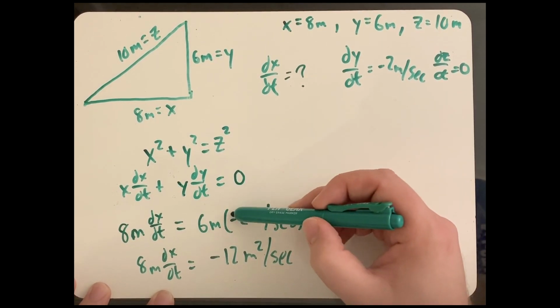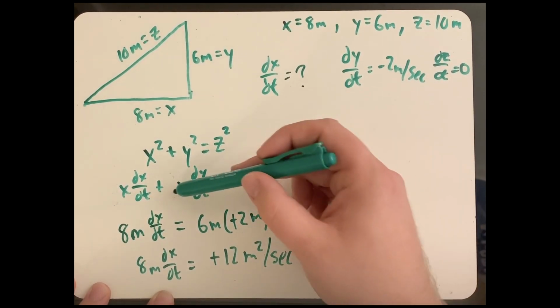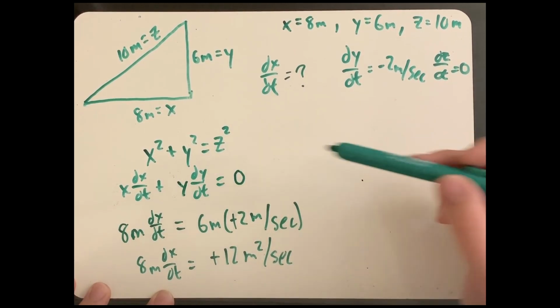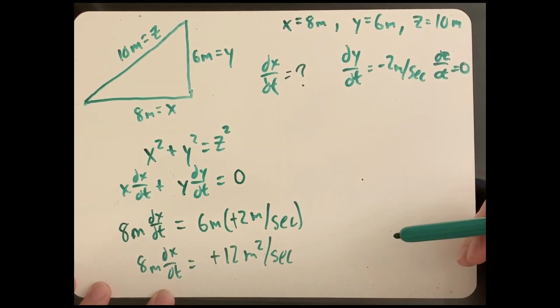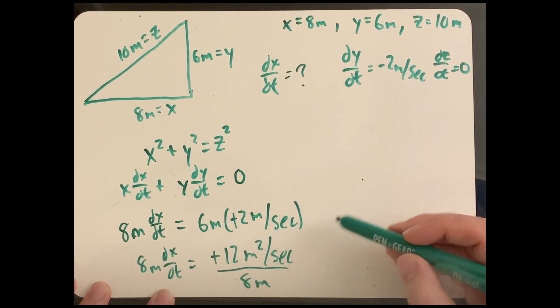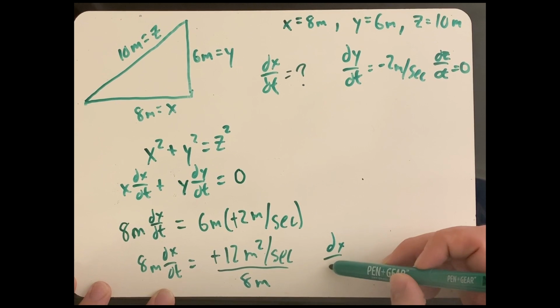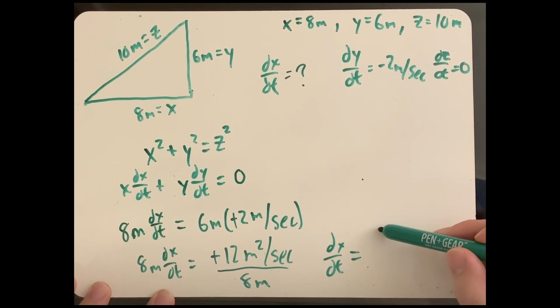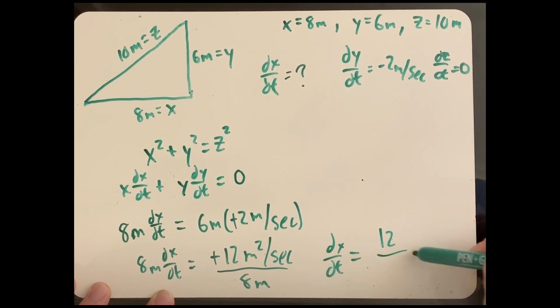Oh no, if we move that over, that would be positive. Oops. Because I subtract the y over, and that was already negative from our dy over dt. So then I just divide out my 8 meters. So then dx over dt equals 12 over 8 meters per second. Oh no, you divide out a 4 in this case, and you get 3 over 2 meters per second.